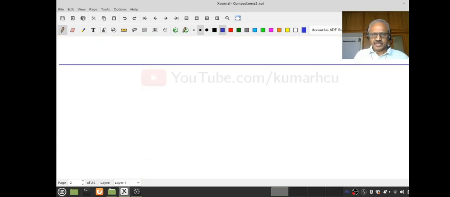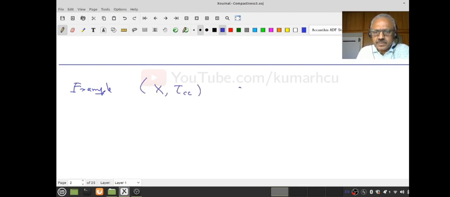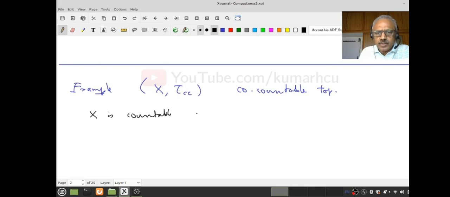So we had already seen various things, so let us look at now an example. Let X be with the co-countable topology. Remember, if X is countable, then we know that co-countable topology is the discrete topology, right?